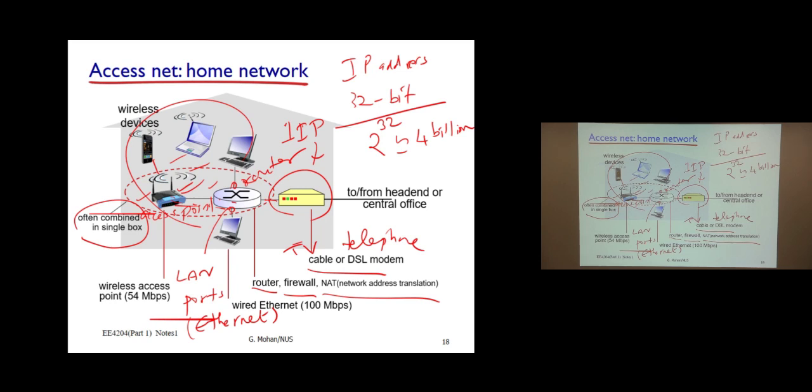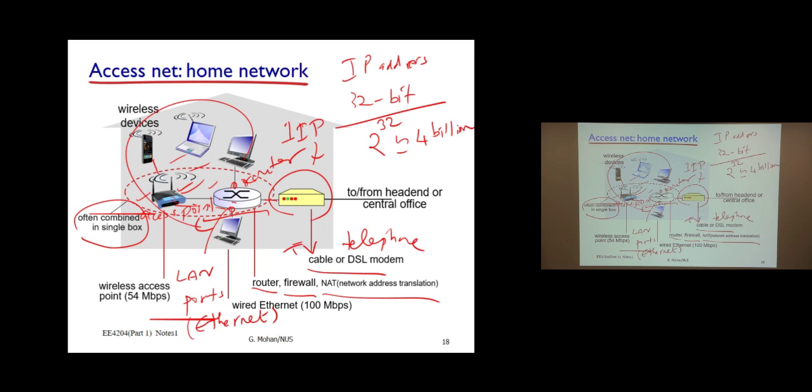Is that fine? Similarly, from outside, let's say you are trying to download something, a web page or video clip or whatever it is. When it passes through this router, it should go to the correct device, am I right? But for the external world, it uses only one address. So when it reaches your home, the correct address should be translated to: this is meant for mobile phone 1, this is meant for laptop 1.